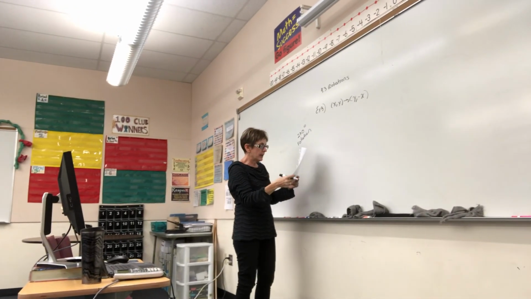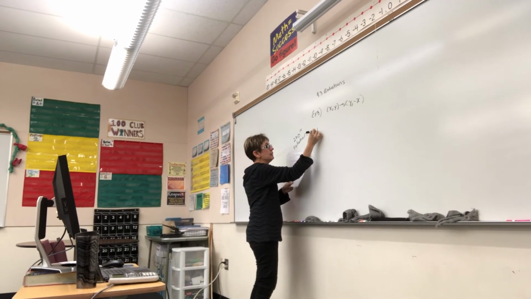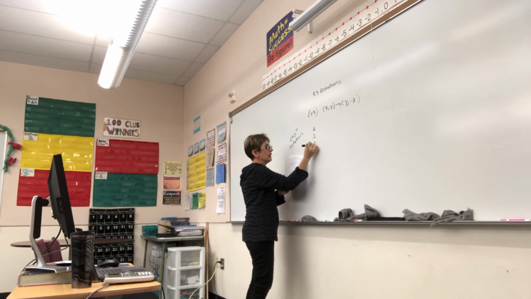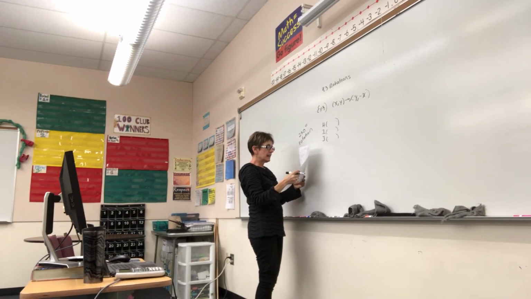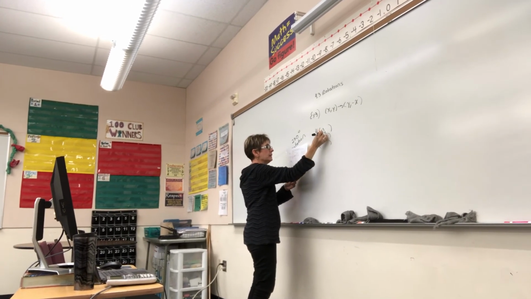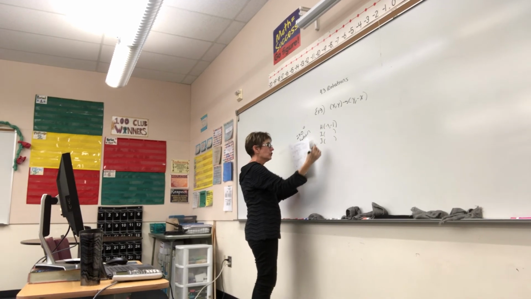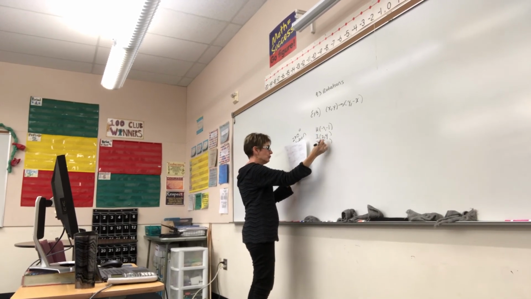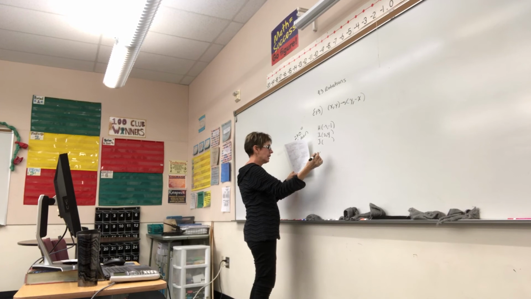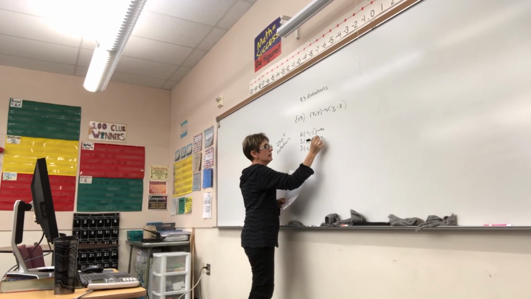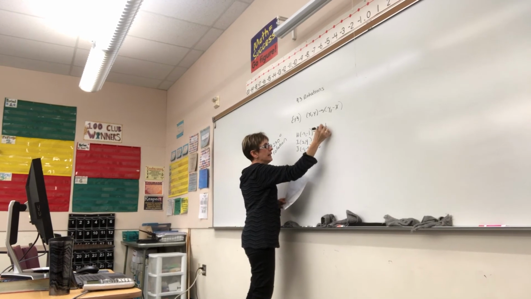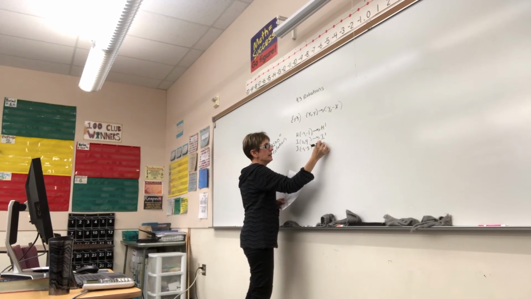Let's go ahead and give 3 points, H, I, and J. H is at -3, -1. I is at 2, 4. And J is at -1, -5. And I want to figure out what H prime, I prime, and J prime are.